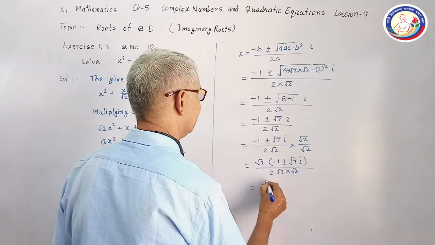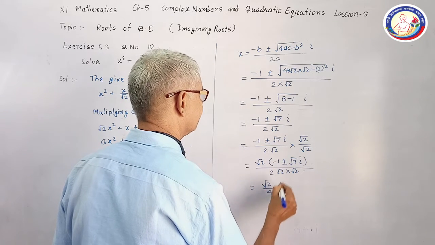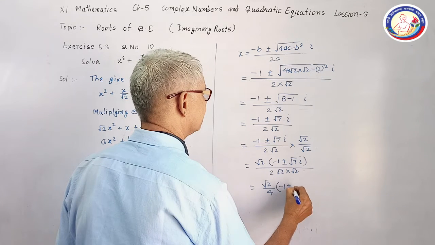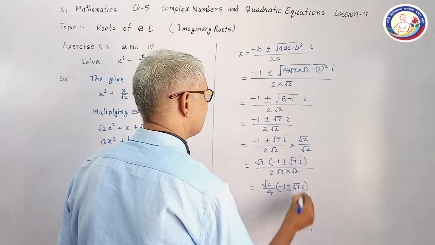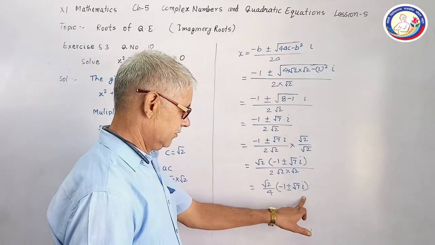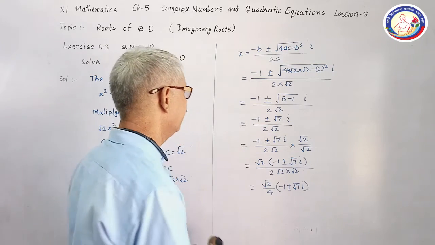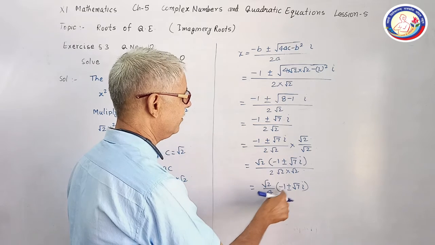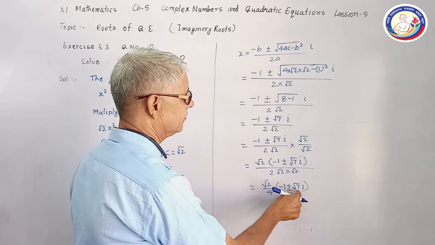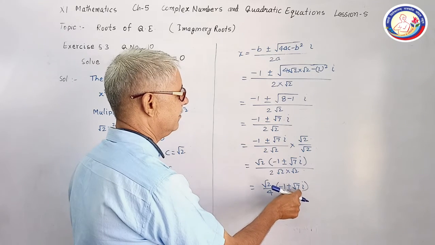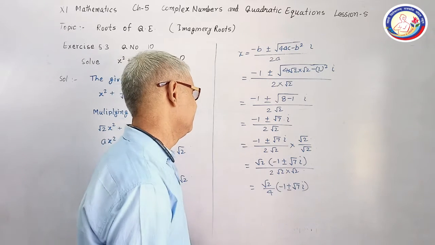This will be simply square root of 2 by 4 into minus 1 plus minus square root of 7 iota. You can write the two values of the roots separately: the first will be square root of 2 by 4 into minus 1 plus square root of 7 iota, and the second will be with minus square root of 7 iota.